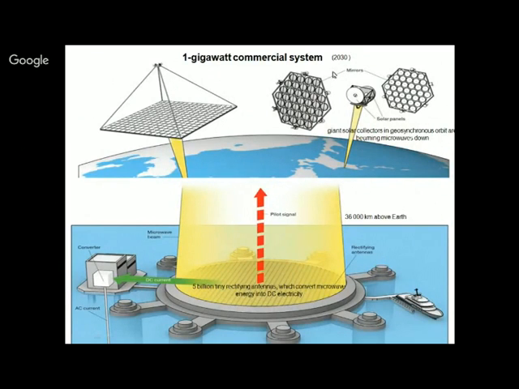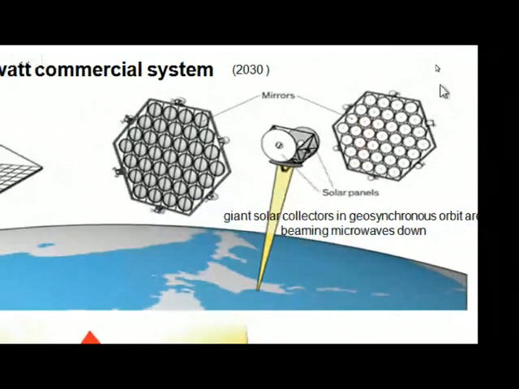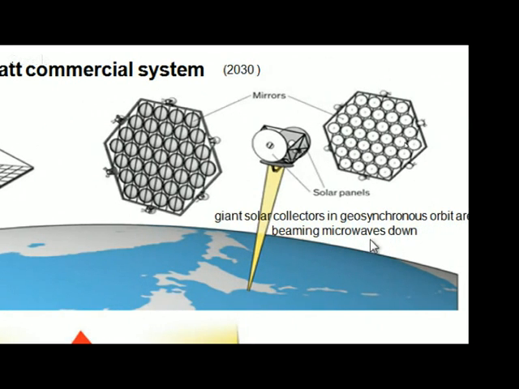And here you can see these are the reflectors and this is the solar panel. Here, what is seen in white color, these are the solar panels. Okay, and these are the mirrors which reflect the sunlight onto them. Okay, and this is placed in space, that is, in geosynchronous orbit. So giant solar collectors in geosynchronous orbit are beaming the microwave down.